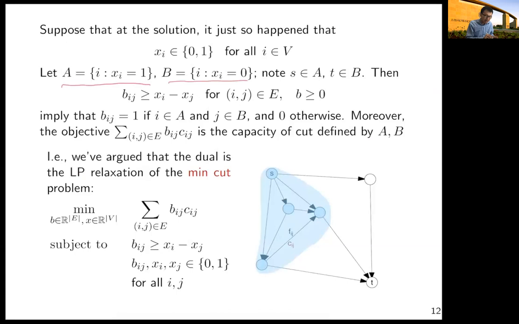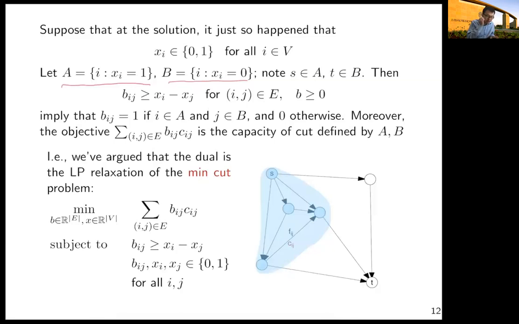Then since Xi minus Xj is either 0 or 1, depending on whether Xi and Xj are the same or not the same, then this essentially says that once we figure out what these x are, we can also directly get the solution for Bij.